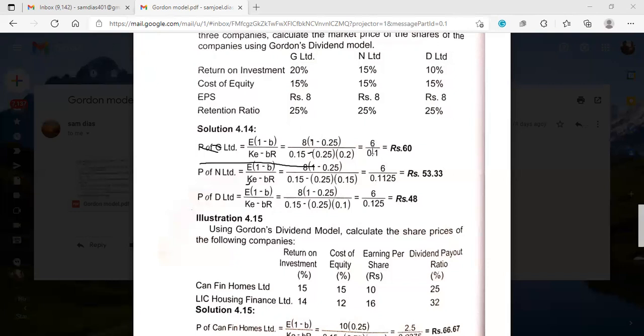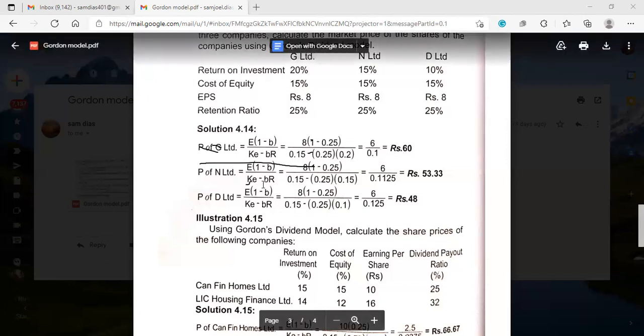If we do all the calculations, we will get rupees 20 instead of rupees 60. Kindly incorporate the changes. Instead of 6 we have to write rupees 2 in the numerator. That is 2 divided by 0.1, we will get rupees 20.